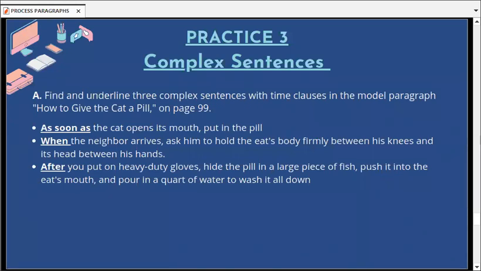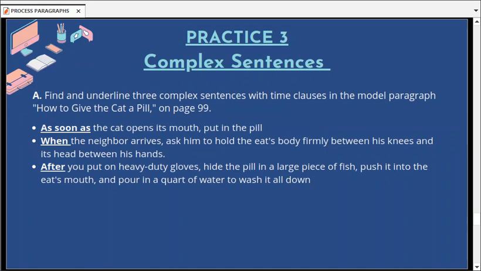Okay. Practice 3, complex sentence. A. Underline three complex sentences with time clauses in the model paragraph, how to give a cat a pill, on page 99. As soon as the cat opens its mouth, put in the pill.